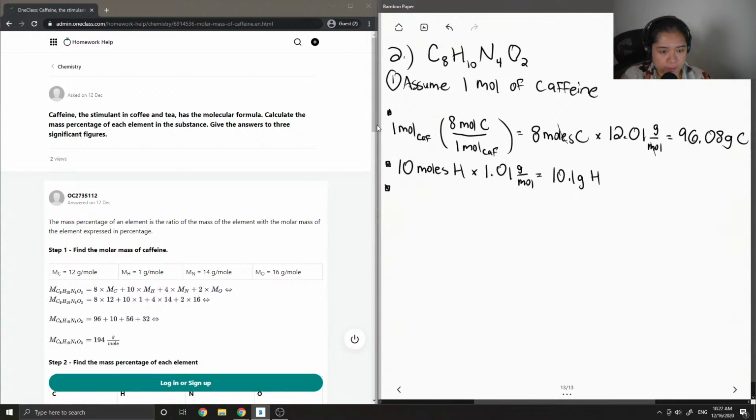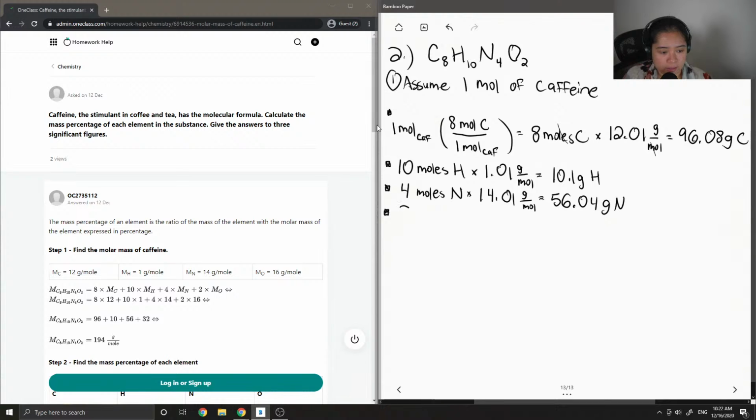Now for nitrogen, we have 4 moles of nitrogen. Multiply it by nitrogen's atomic mass, which is 14.01 grams per mole, and we end up getting 56.04 grams of nitrogen.